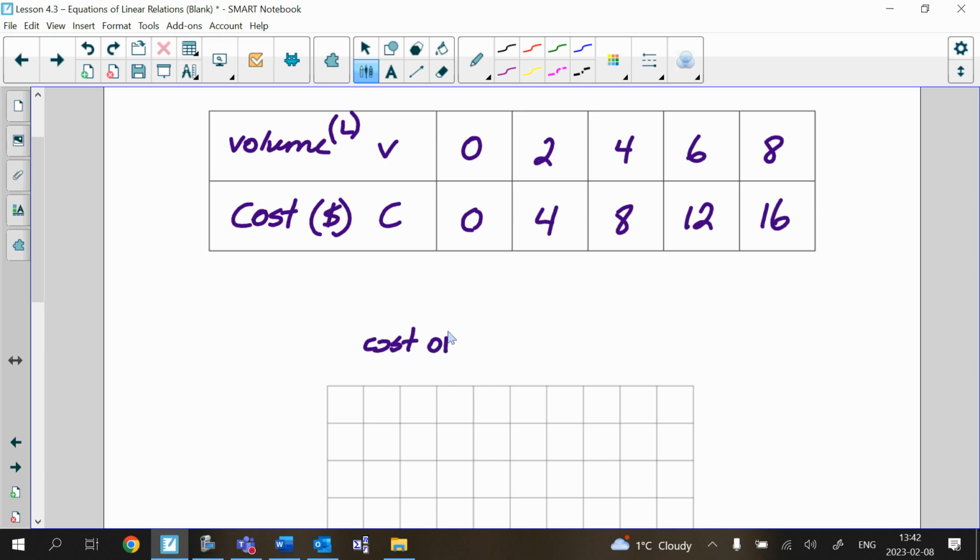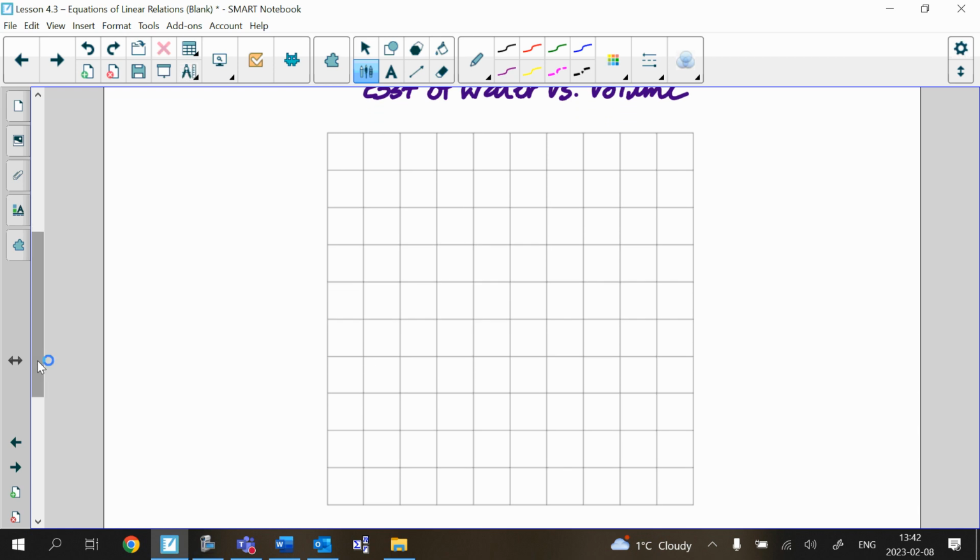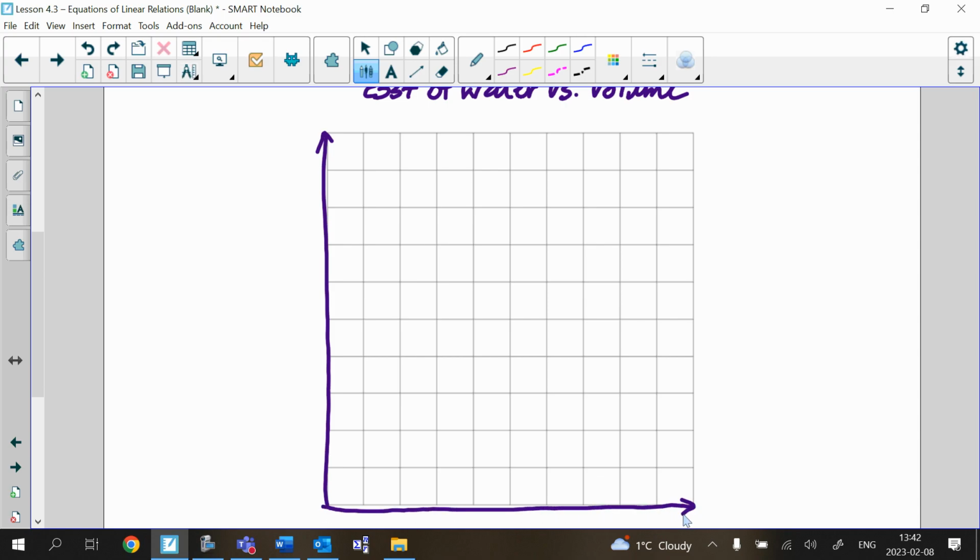Axes, including labeling them. Independent always goes on the bottom or horizontal. So we've got our volume down here in liters. And then here we've got our cost in dollars.